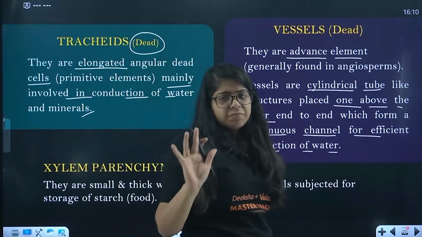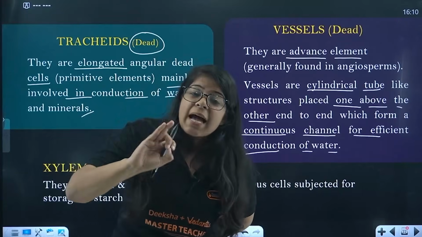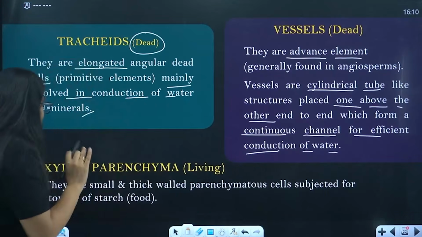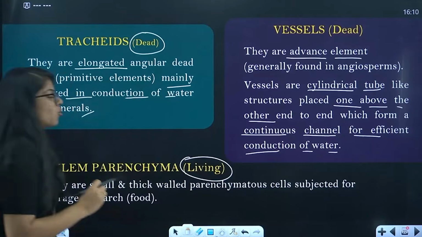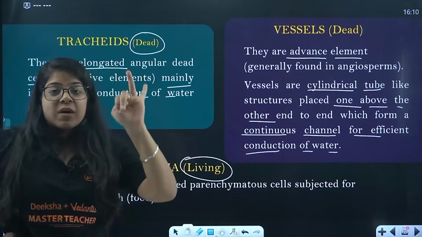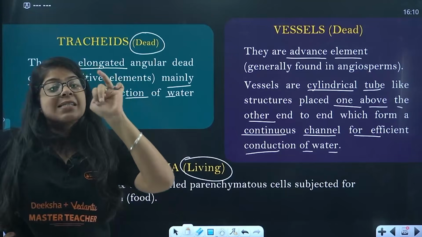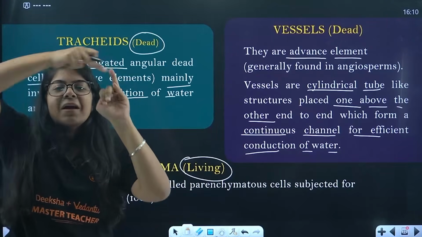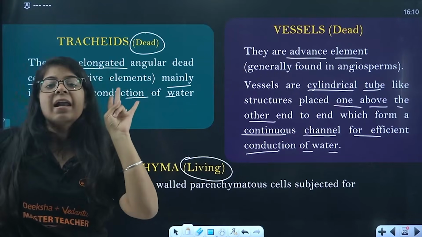Understood? Clear? Now, the third part was xylem parenchyma. This xylem parenchyma is the only part which is living in this whole xylem. Xylem has 4 parts: tracheids, vessel, xylem parenchyma, xylem fiber. This is the only part that is living. All other 3 are dead.